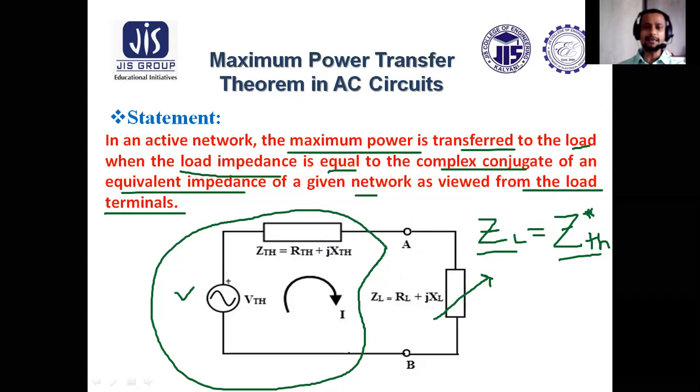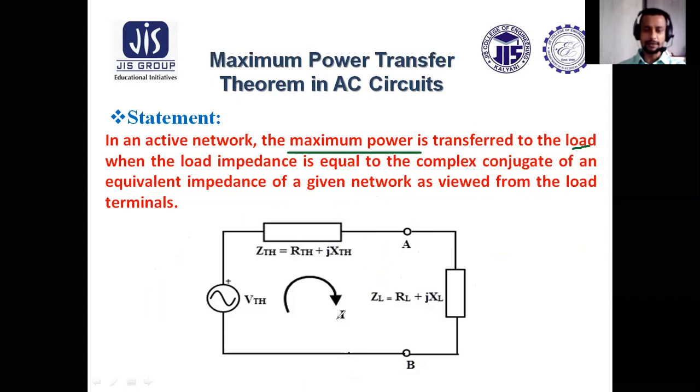Now the question is, what is a complex conjugate? See here, ZTH is the impedance, which is RTH plus jXTH, and ZL is the load impedance, RL plus jXL.